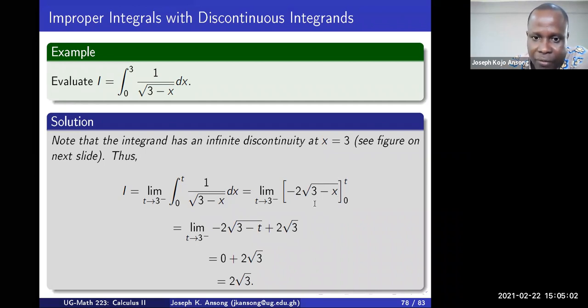Plug in t and 0, and you're going to get this. Then find the limit as t approaches 3. As t approaches 3, this first term goes to 0. So you have 0 plus this, and you are left with 2 root 3. Okay, good.